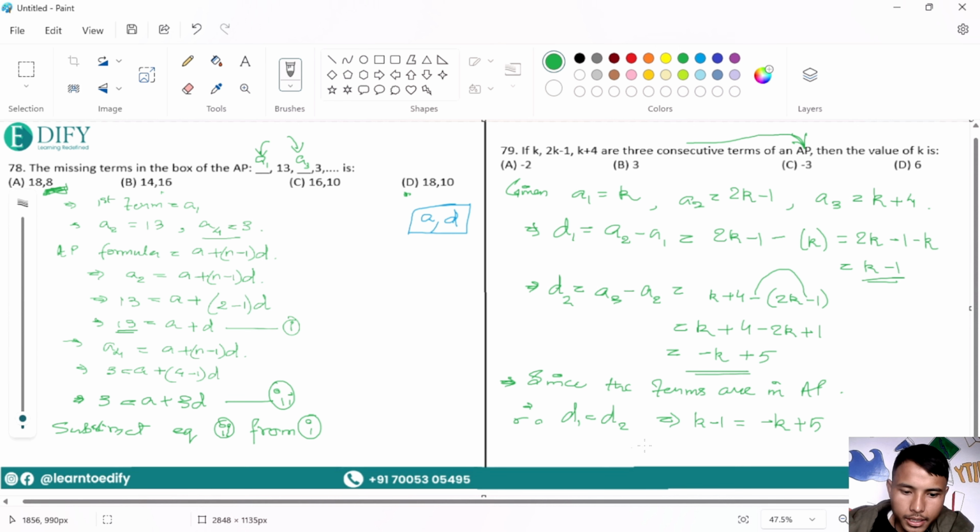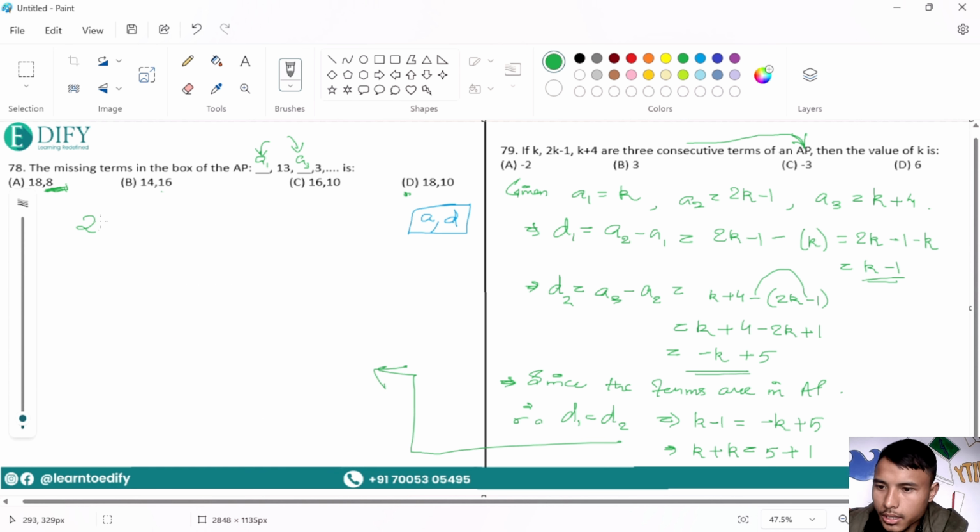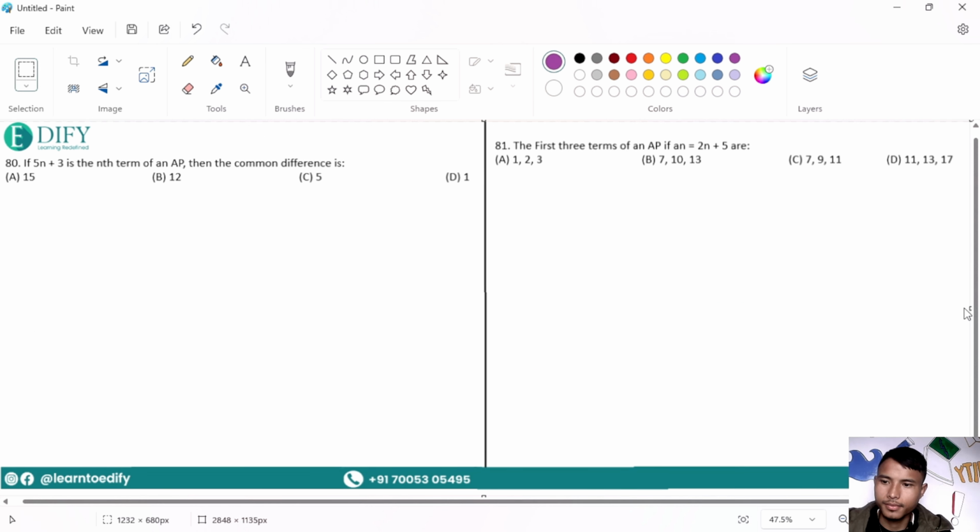That implies k plus k, and then 5 plus 1. So k plus k is 2k, and it is equal to 6. So k is equal to 6 by 2. Therefore, the value of k is 3. That is your answer. Option B is the correct answer.